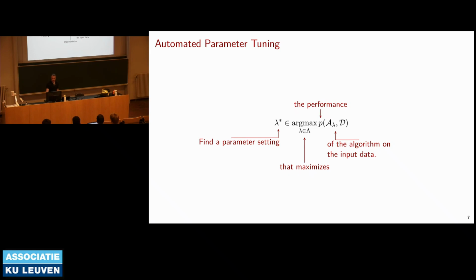And this is also a generalization of the algorithm selection problem that I showed you on the previous slide, where the main difference is really that for the algorithm selection problem, we have a couple of more or less discrete choices, and we don't necessarily know how they relate to each other. Like, you have a choice of two different constraint solvers, and you really have no idea what in detail the differences are between those.